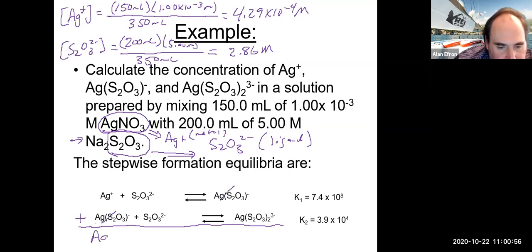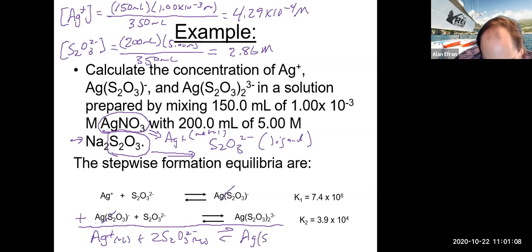It gives us silver plus 2 of our ligands going to make our complex ion in this case, 3 minus. So if we want to, we could work with the overall reaction that's happening by adding these stepwise guys together.